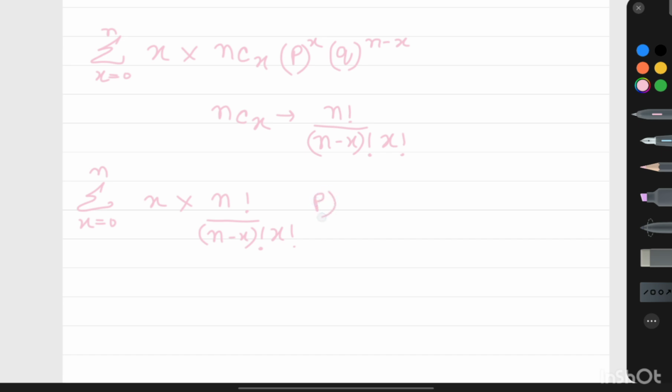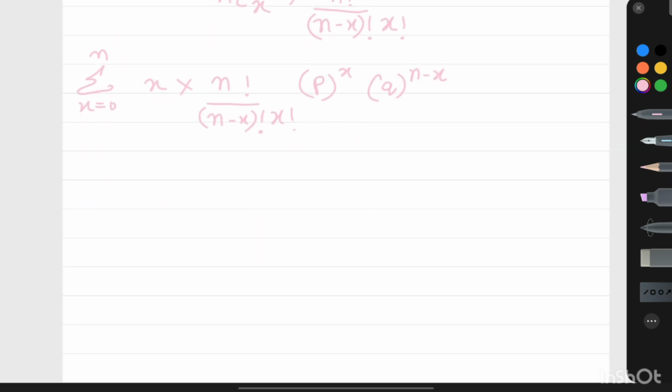Now p is going to be written as it is and q also as it is, because there is no change needed. Now you can write n factorial as n into (n minus 1) factorial, right? You can open this factorial sign. So we are going to do this here also. We will just open this factorial n.